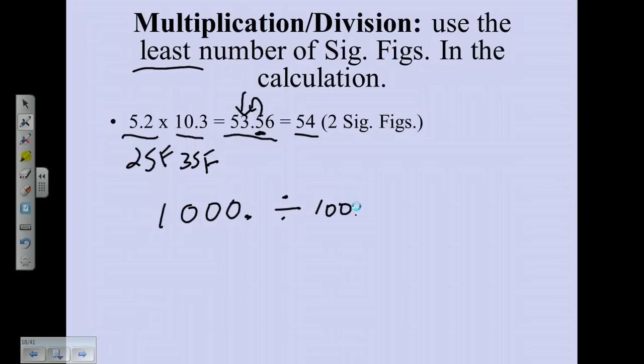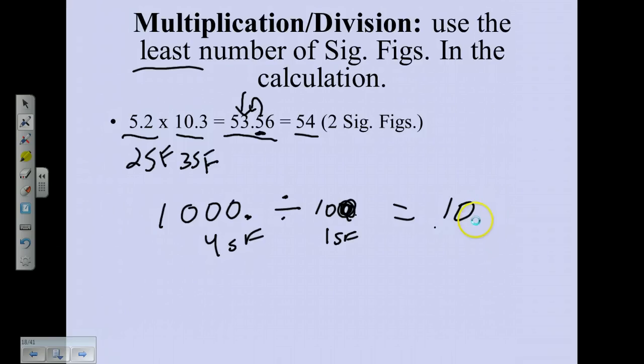Alright. Conversely, if we were dividing, if we had 1,000 divided by 100, I'm sorry, this is supposed to be 100. We have 4 sig figs, we have 1 sig fig. The answer is going to be 10, and we already have that in 1 sig fig. So this is the correct answer.